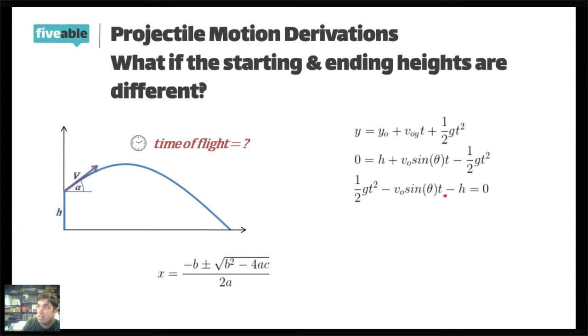This is t. This is nothing. x squared, x, no x. Ax squared plus bx plus c equals 0. This is a quadratic equation.